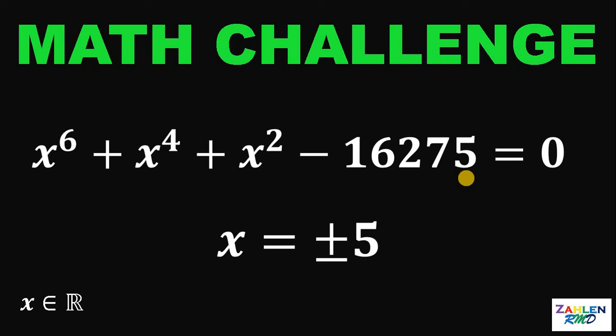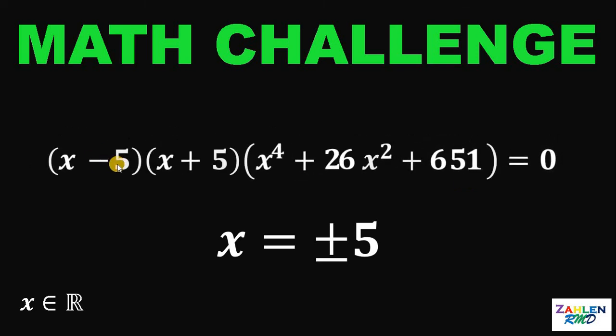We can use synthetic division, factor theorem, and so on. After factoring this equation, we get that the factors must be x minus 5 times x plus 5 times x raised to the fourth power plus 26x squared plus 651 equals 0.